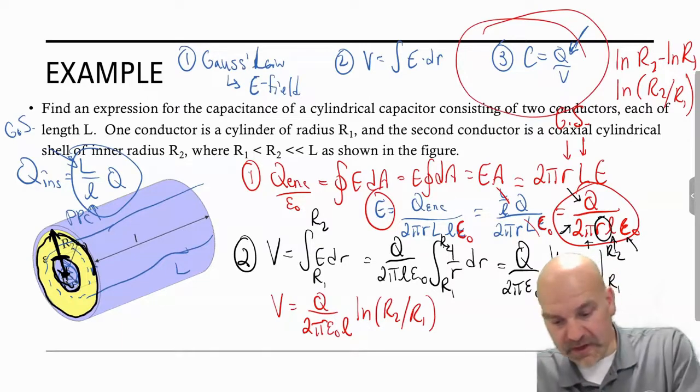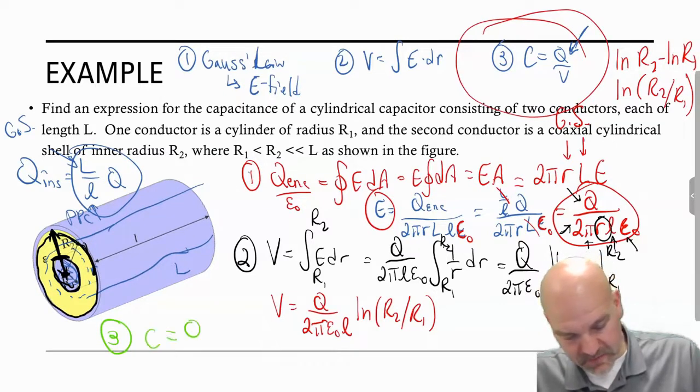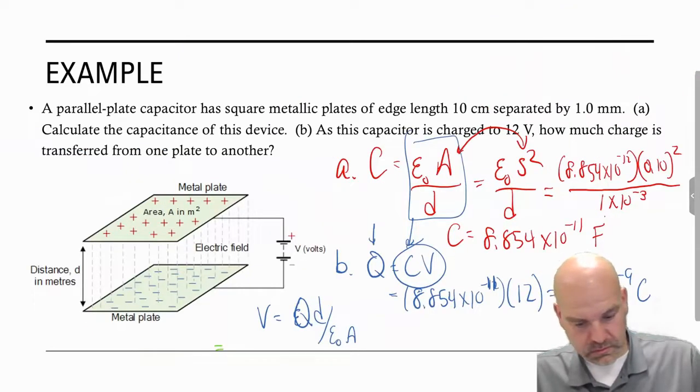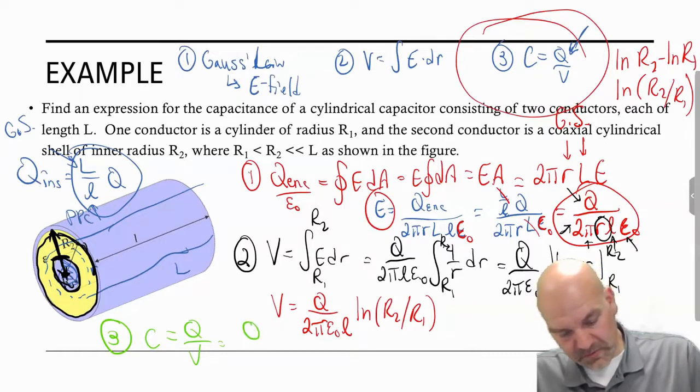So now I'm on to step 3. Step 3 is plug all that into Q over V, and so it's going to be, I went backwards. So it's going to be Q divided by this mess.